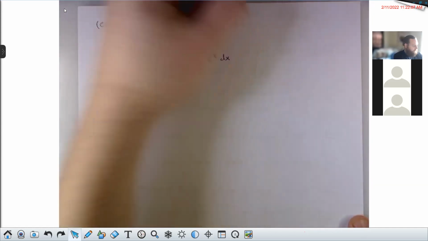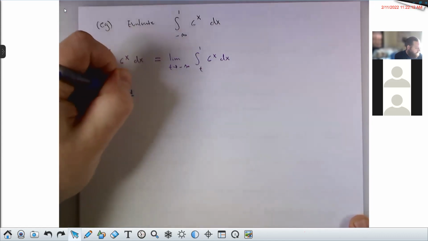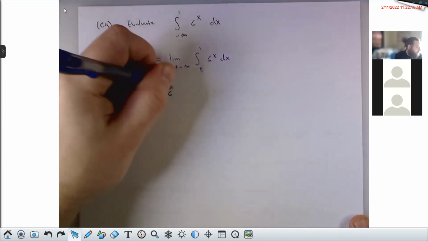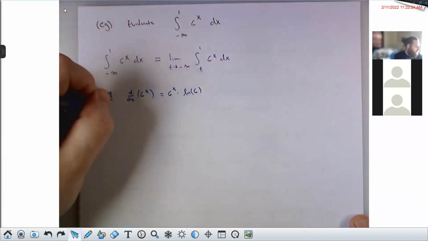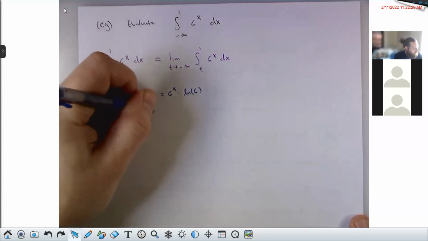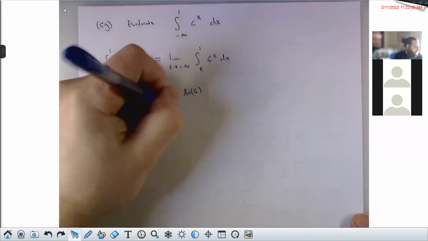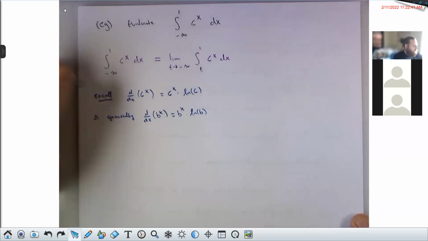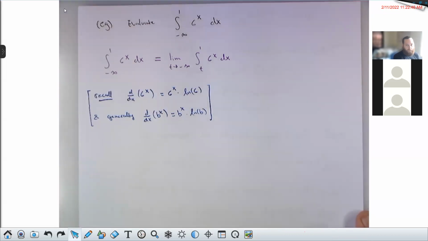So off to the side here, I'm going to say recall that d/dx of 6 to the x would be 6 to the x times the natural log of 6. And generally, d/dx of b to the x, where b is any positive base, is b to the x times the natural log of b. So these are two kind of derivatives, or really just one derivative, that you may not have seen in a while.